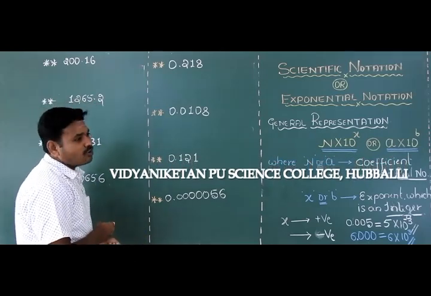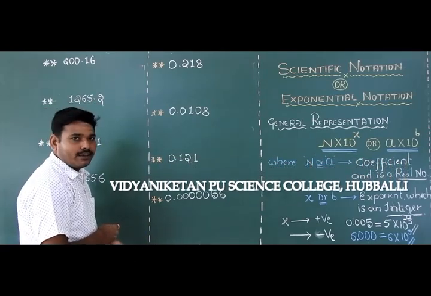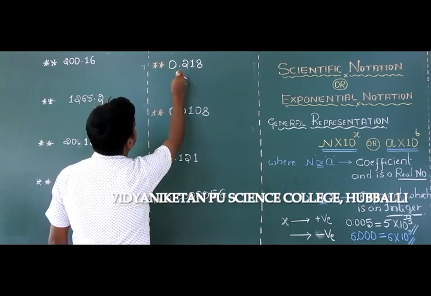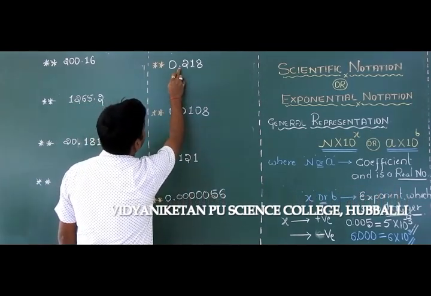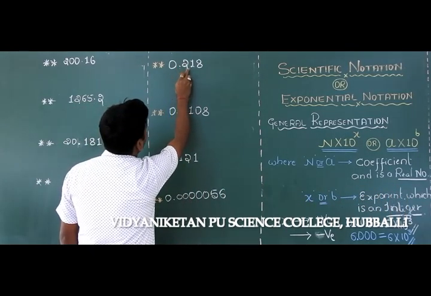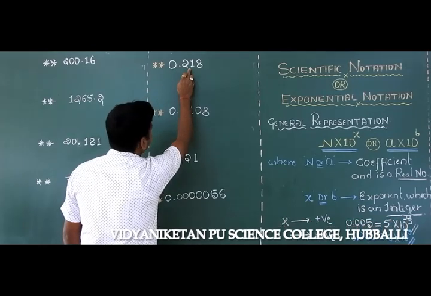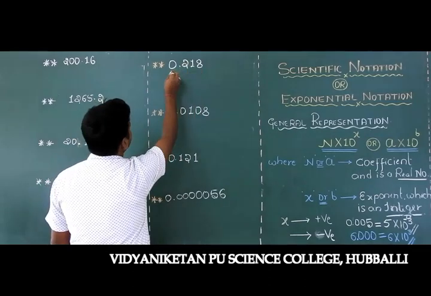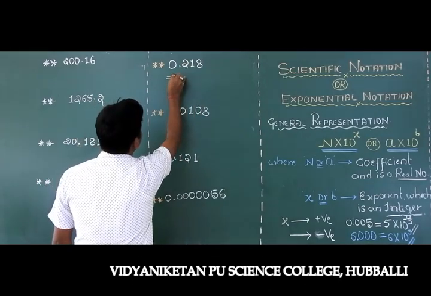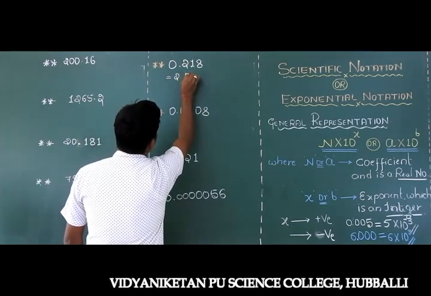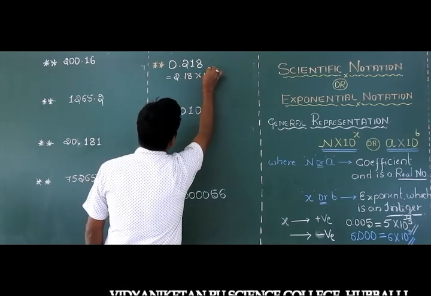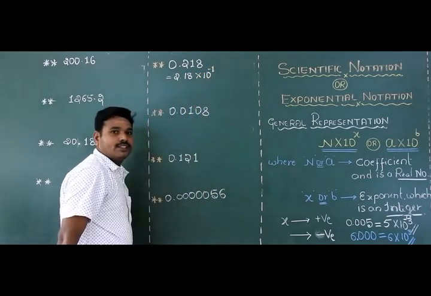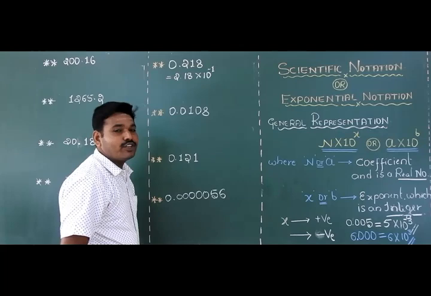So here 0.218. Let us shift this decimal point after one digit. Count the number of digits and then shift the decimal point, students. We can write this number in the form 2.18 into 10 to the power of minus 1. Please listen to this solution carefully.